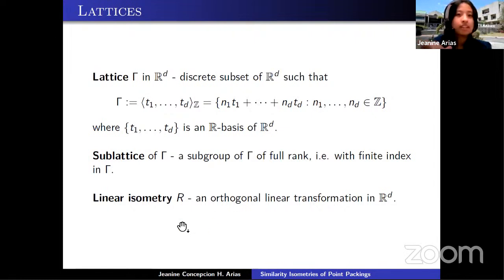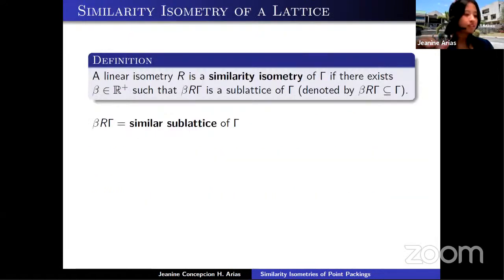A linear isometry R is an orthogonal linear transformation in R^d. So examples are rotations and reflections that fix the origin. Now let us define a similarity isometry. A linear isometry R is a similarity isometry of a lattice gamma if there exists a positive constant beta such that beta R gamma is a sublattice of gamma.